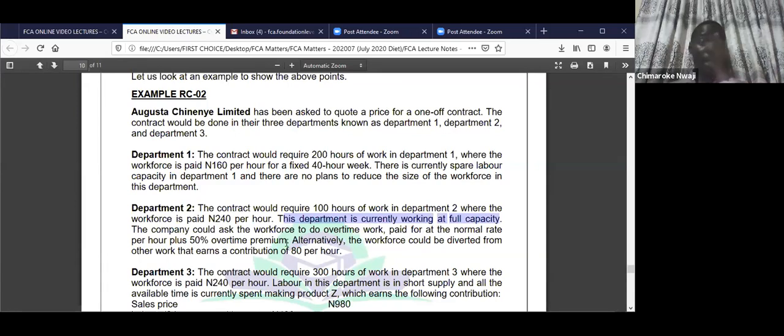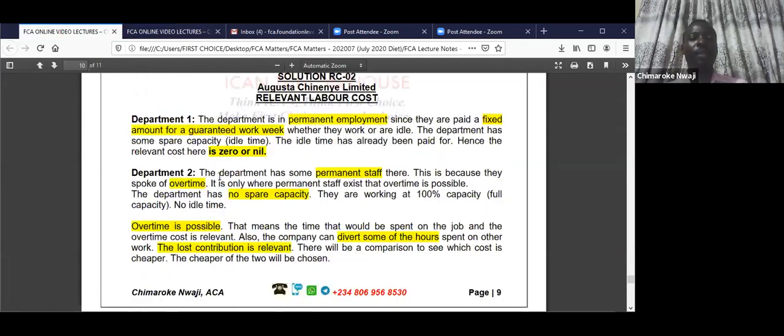So you see, these people go to work, they are working every time, and you ask them, come and do overtime now. So look at the option you have. Now, the department has no spare capacity. They are working at 100% full capacity, no idle time.